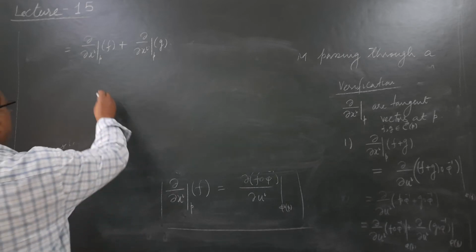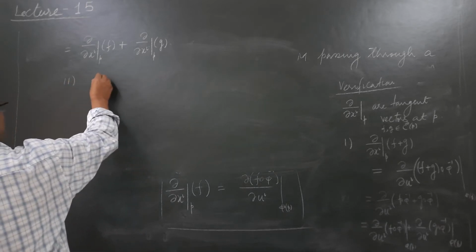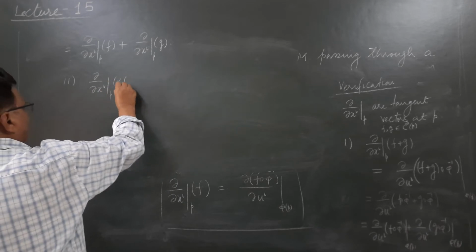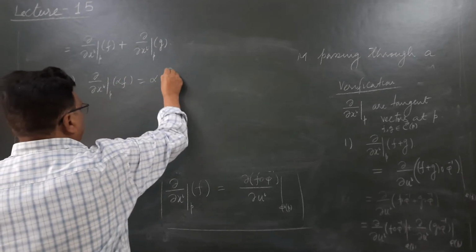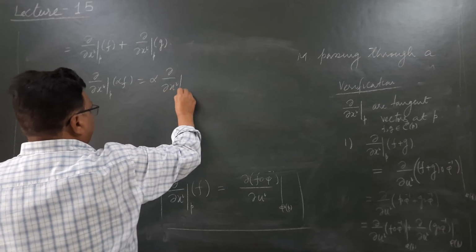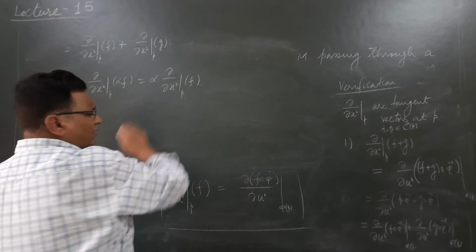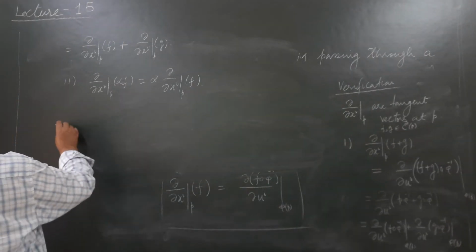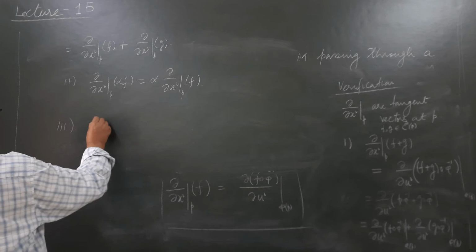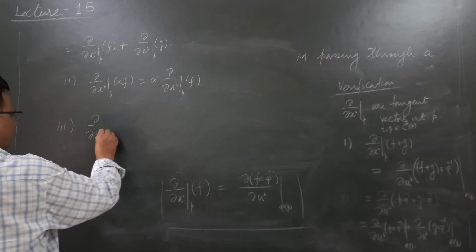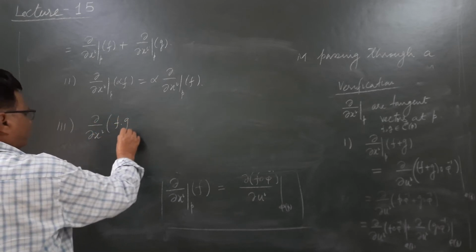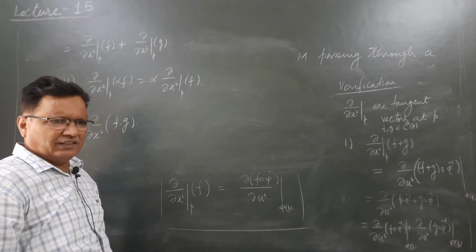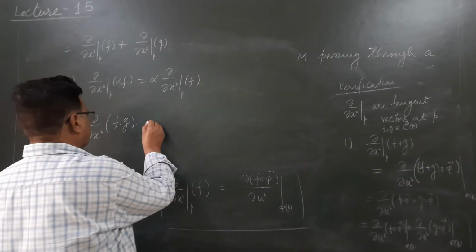In the same manner, the second part can also be checked, that del upon del xi at P operating on alpha f is equal to alpha times del upon del xi at P on f, in the same manner. And thirdly, the Leibniz property, that is del upon del xi of product of two functions, that I am leaving as an exercise for the students to check themselves.